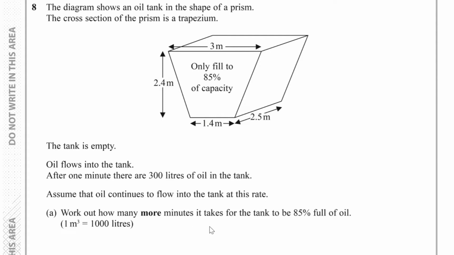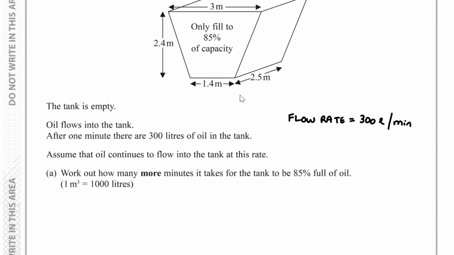Well, here the flow rate, if after 1 minute there's 300 litres, that means that we have 300 litres per minute for the flow rate. Now, we can use this information, well, we'll ignore this for now. Let's work out the volume of the tank over here.